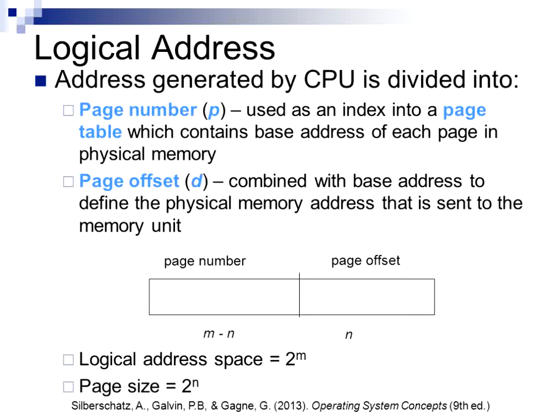Okay, so now the CPU is going to be looking at addresses, and those addresses are now going to be a page number, which is an index into a page table, and an offset.